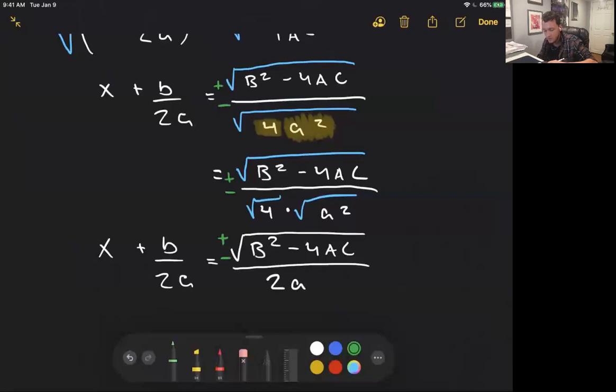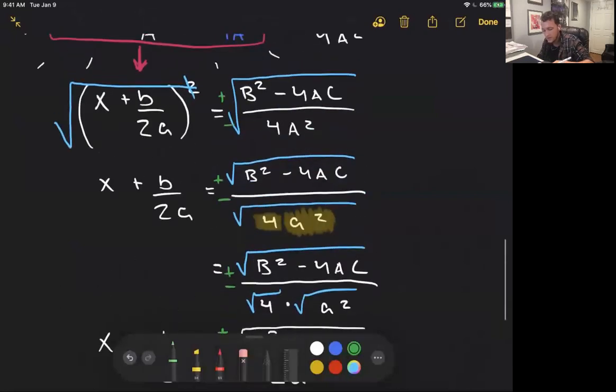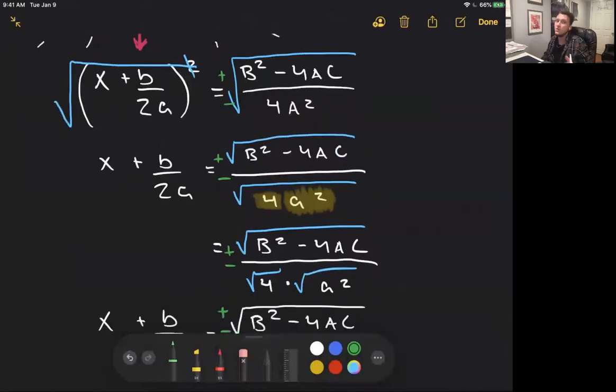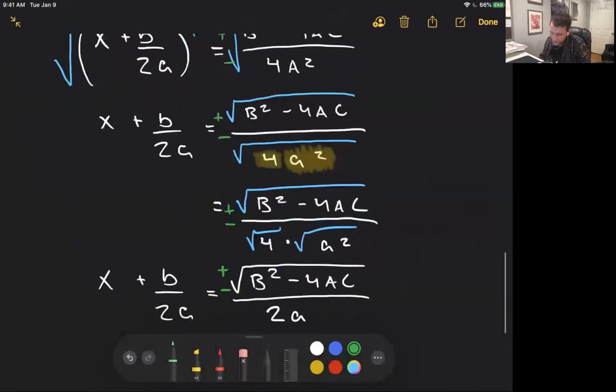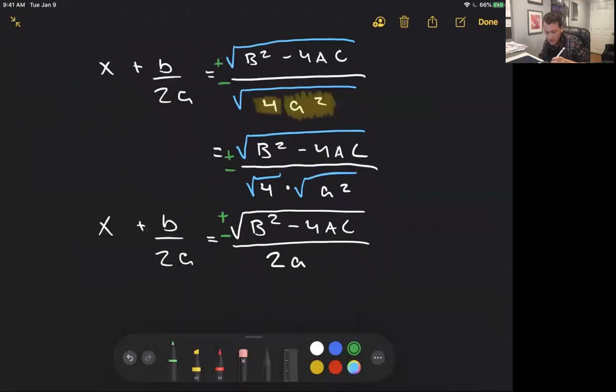If I scrolled up here, plus or minus. That is extremely important because we know it's plus or minus the square root. Now I only have that plus or minus up at the top because I undid the square roots at the bottom right here. So that is super important.